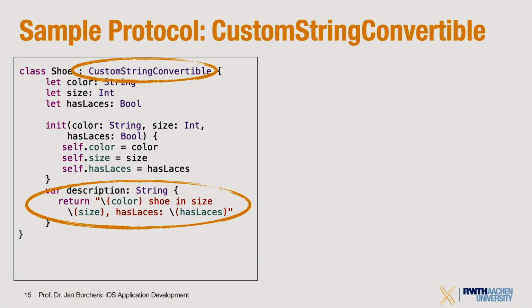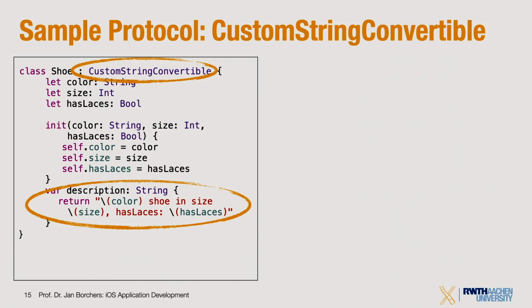And so when I do this, I've done one part of the deal. The other thing is, of course, when I say, OK, I'm adhering to the protocol CustomStringConvertible, then I need to do something to actually fulfill that protocol. And that, in this case, depends on the protocol, of course, is I need to implement a property called description here, or a variable, I should say.